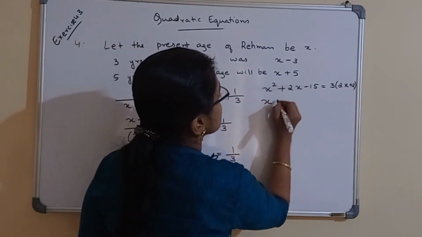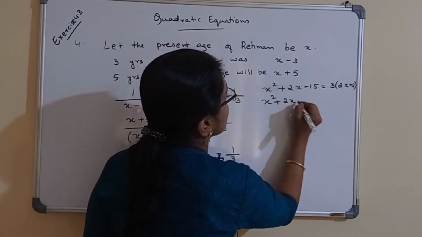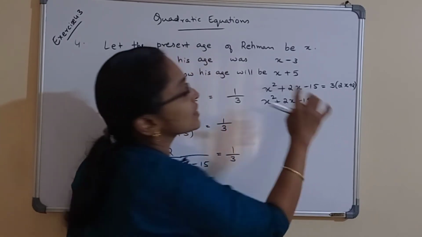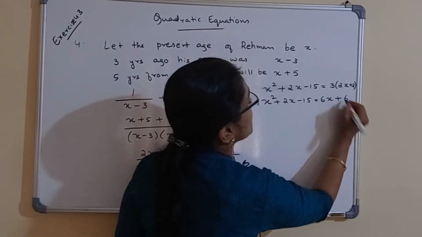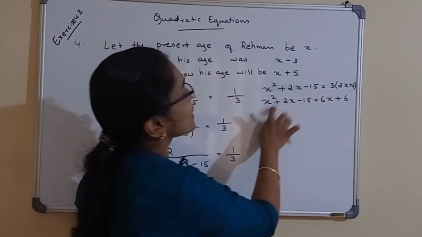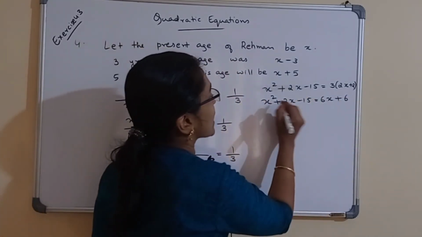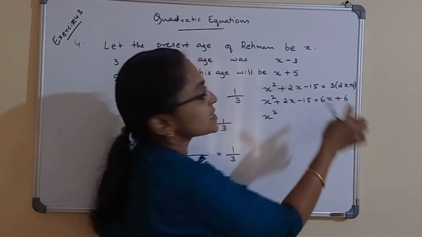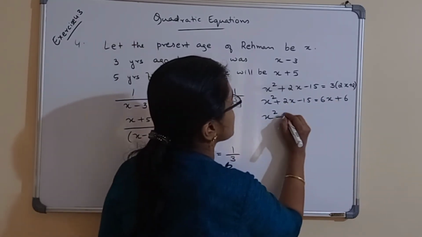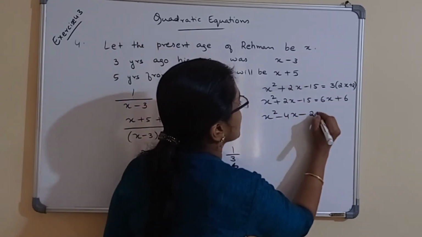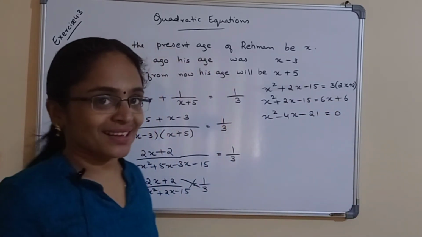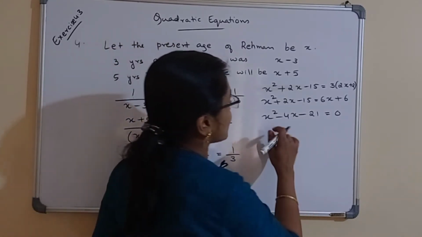So this is x square plus 2x minus 15 is equal to 3 into 2x is 6x and 3 into 2 is plus 6. Now we can bring this to the left hand side. So x square, then 2x minus 6x is minus 4x, minus 15 minus 6 is minus 21, is equal to 0. Now we can solve this by the quadratic formula.